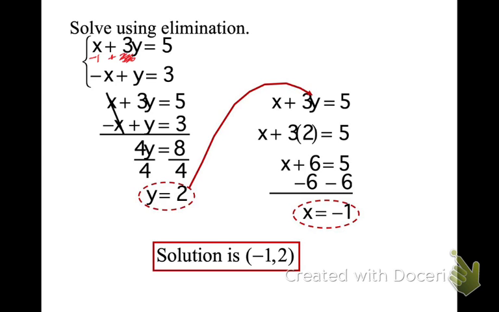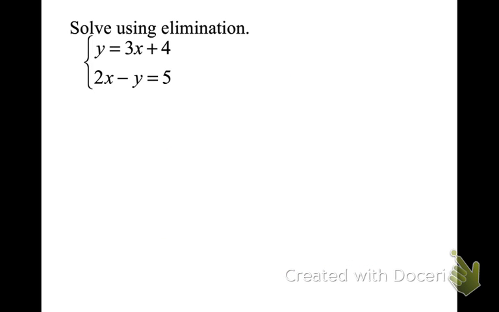So negative 1 and 6 makes 5. That works. Okay, so if this is a negative 1, it would be a positive 1, right? And 2, that makes 3. It works. So be checking yourself mentally or write it down. That's not the work that you show, because this is the work you show. I don't want you to show me a guess and check for your work.